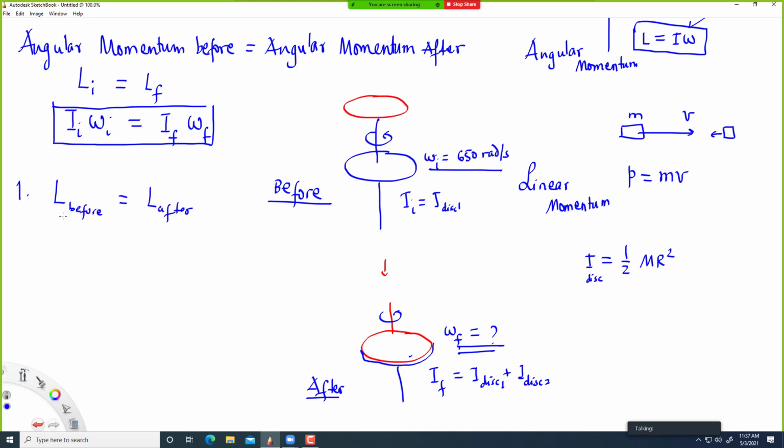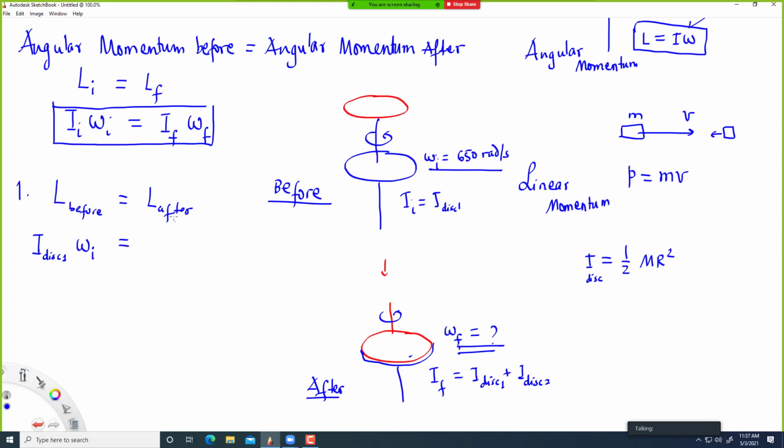So before, it's I on that disk. This is at rest, so we don't need to worry about the moment of inertia of that, because omega for that is 0. So here it's disk 1. Okay. Moment of inertia of disk 1 times velocity omega I.